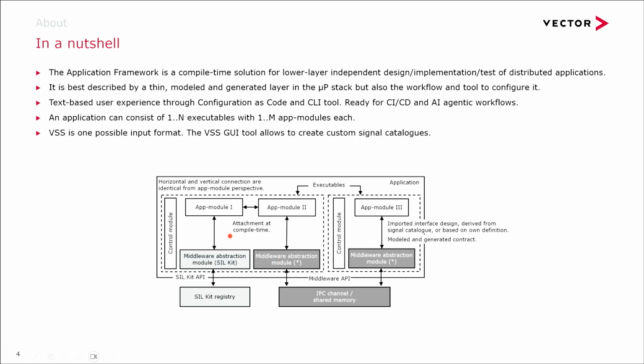During testing, for example, it can be the SILKit, another open source solution that might help to speed up your system level testing. Later down the road, you want to migrate to a production middleware, whatever it is. The framework supports you with it, and in the end, the app module level code does not need to be touched.